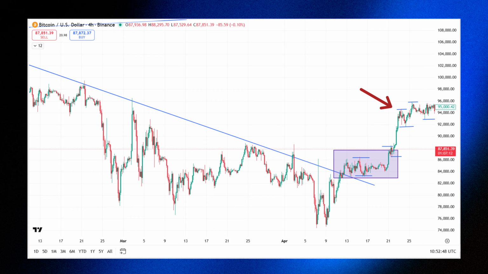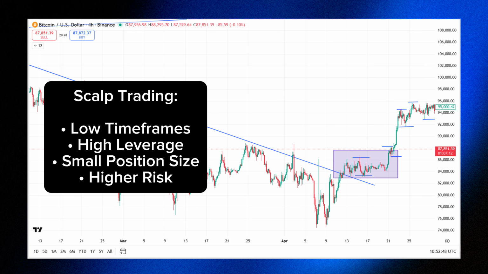Now there are two different ways to trade these trends. You can either scalp on small time frames, which usually means higher leverage, but much smaller position size. The higher the leverage, the smaller the time frame you should trade, since you only need small price moves. But anything above 20x leverage is already very risky.